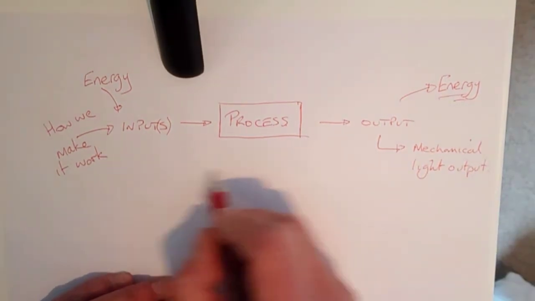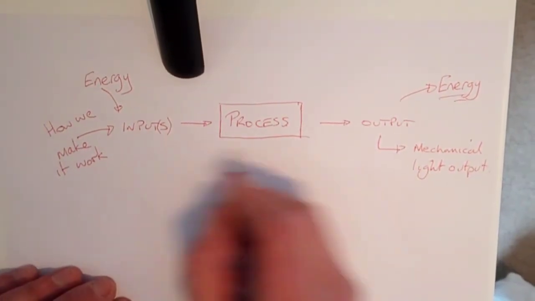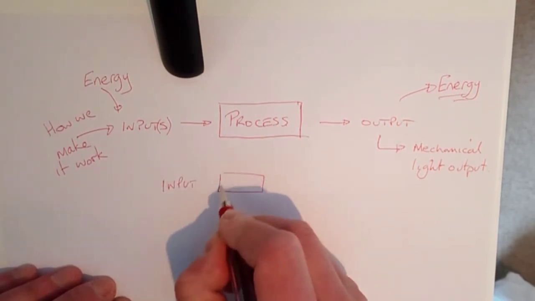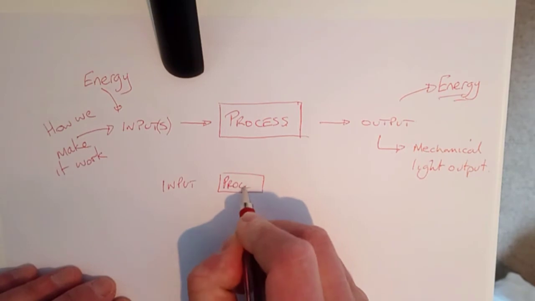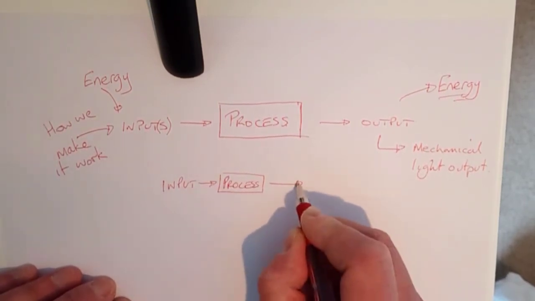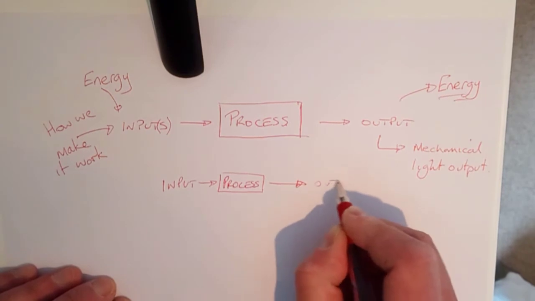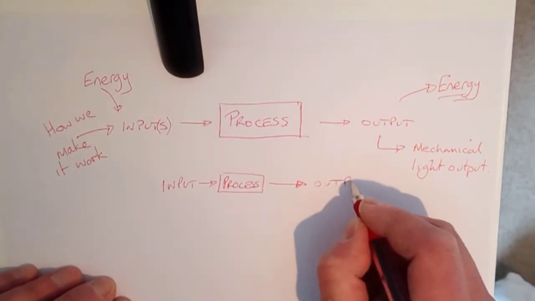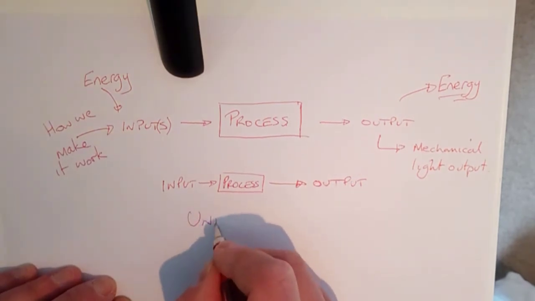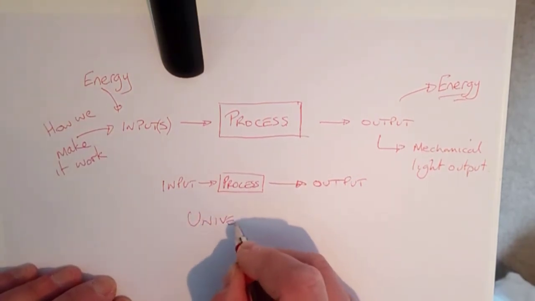Okay, this whole thing, this bit I've just described here: input, process, put wee arrows here, arrows are absolutely shocking, output. It's known as a universal systems diagram.